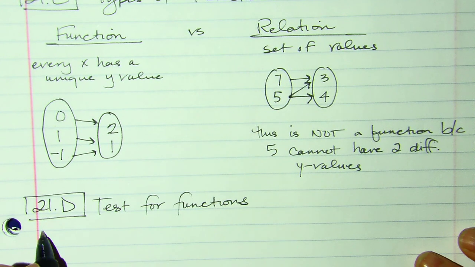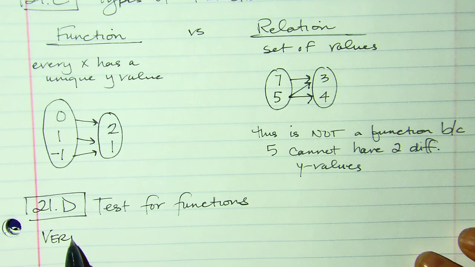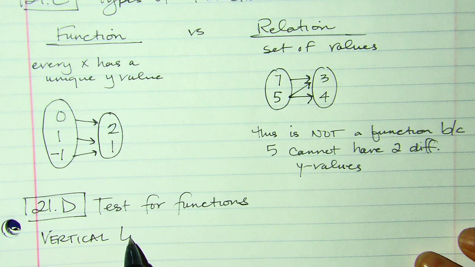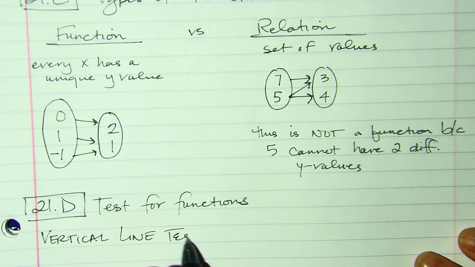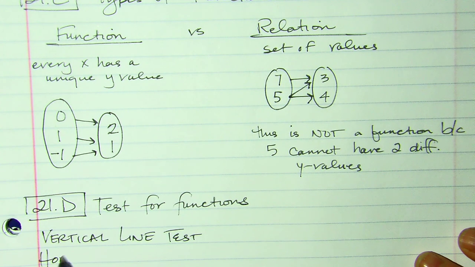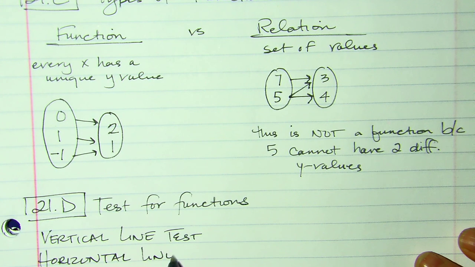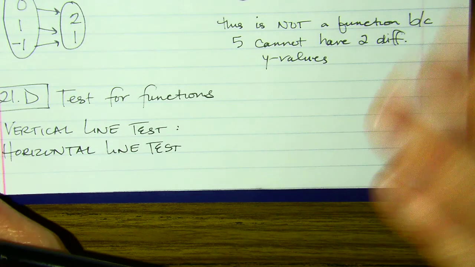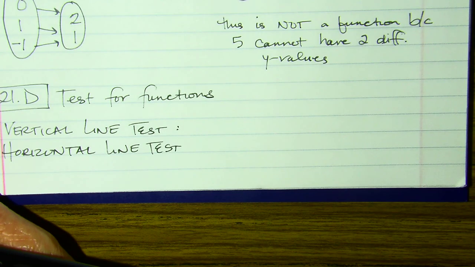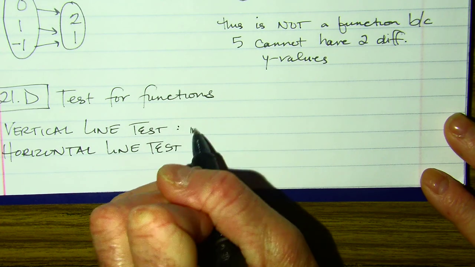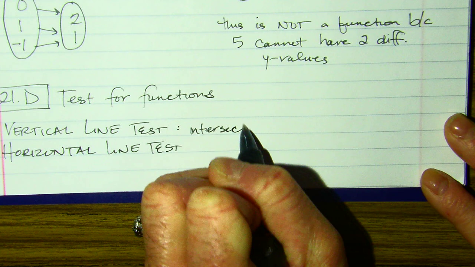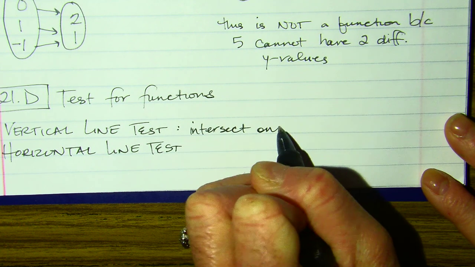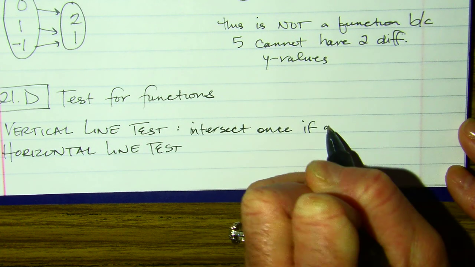Okay, there are two tests, the vertical line test and now the horizontal line test. So a vertical line test, right? How many times can it intersect a function? It can intersect once if a function.